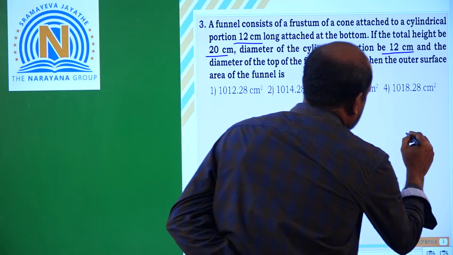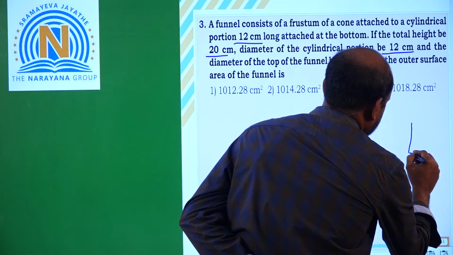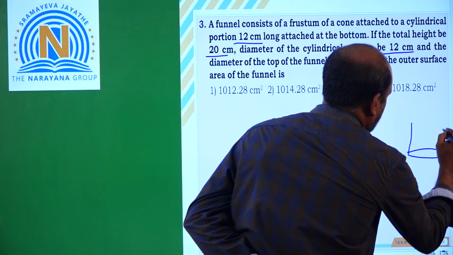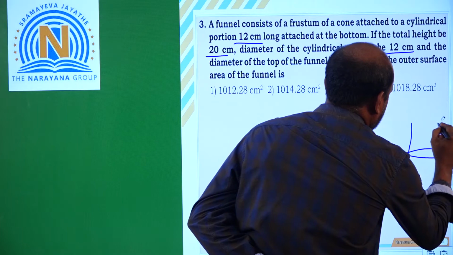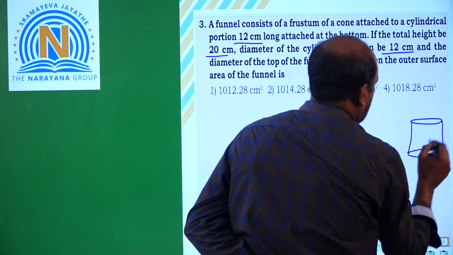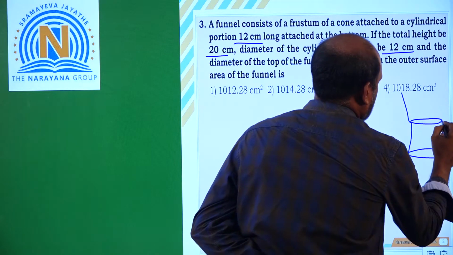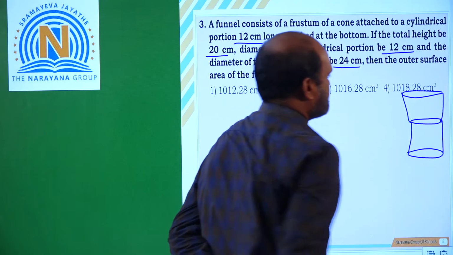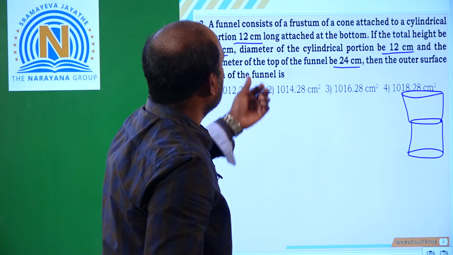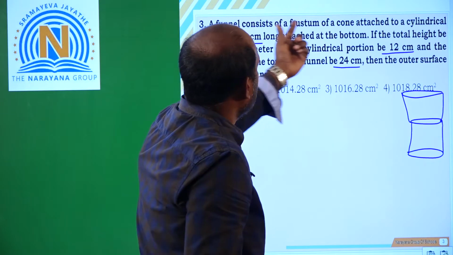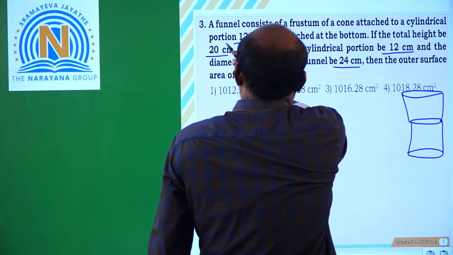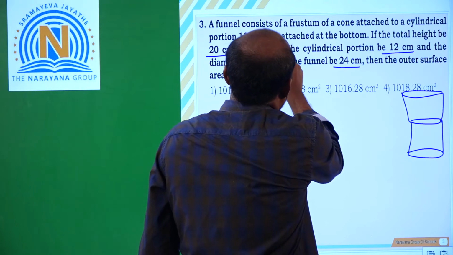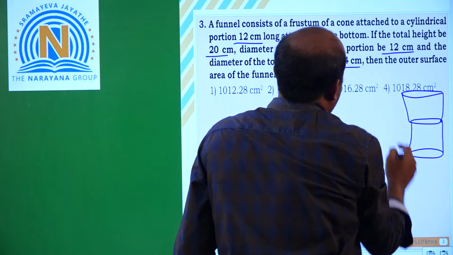So the funnel is in the form of like this. Like this frustum, right? Here the funnel is attached to a cylindrical portion 12 centimeter long at the bottom.